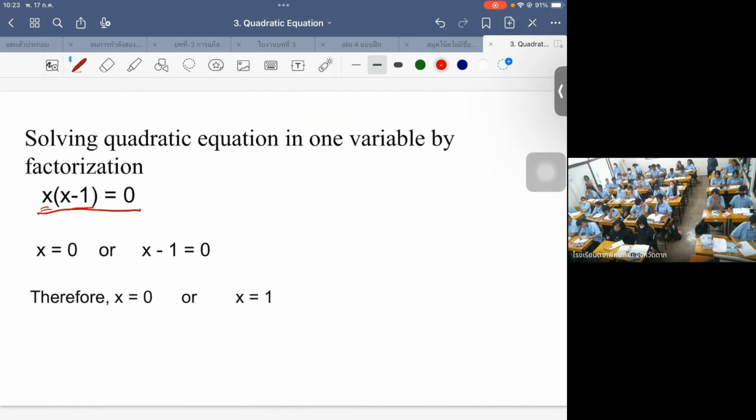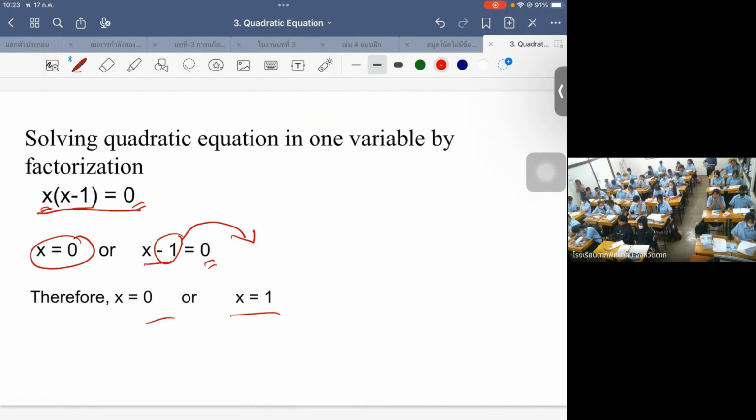So, we have x is equal to 0. And then, x minus 1 is equal to 0. And to get the value of x, process again the transposition. So, we have x is equal to 0. And then, this will become a positive. So, that's why the answer is x is equal to 0 and x is equal to positive 1. Get it?